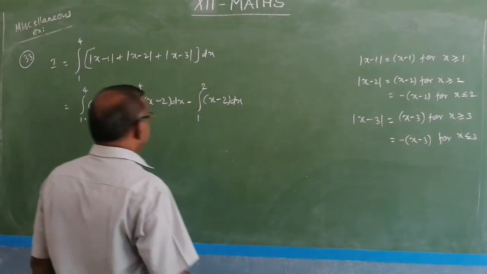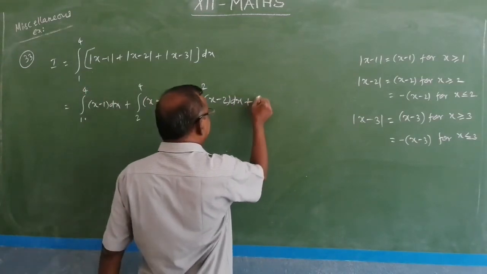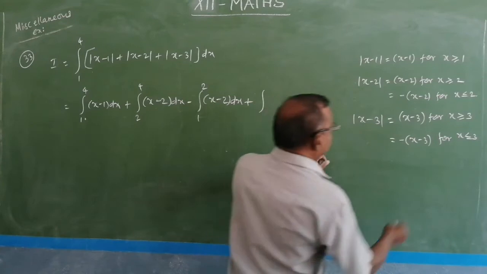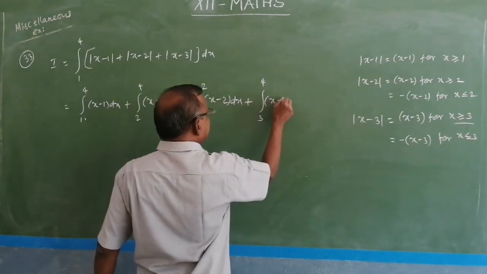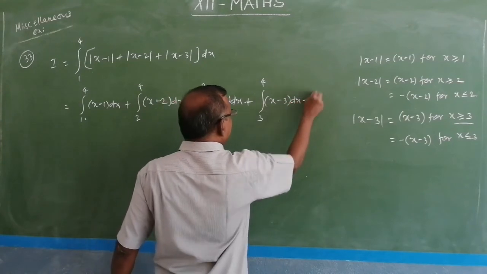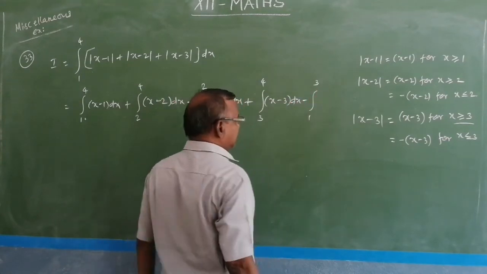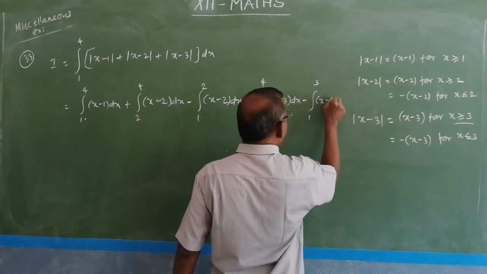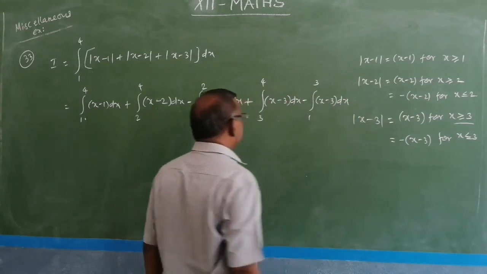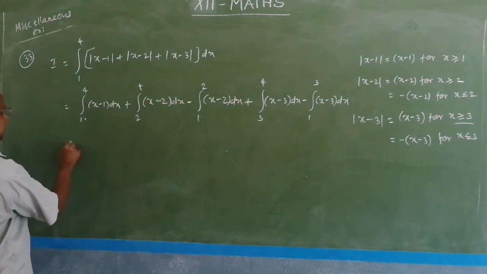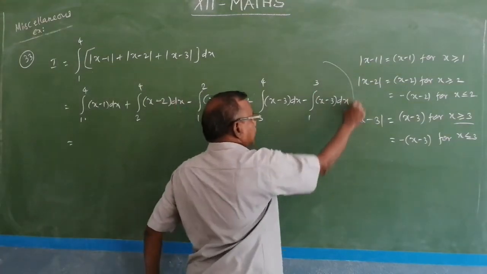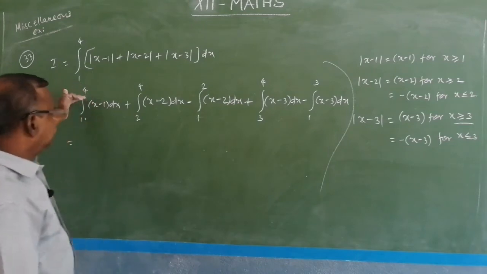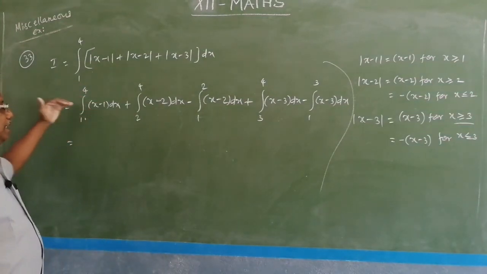So we need to add, from 3 to 4, x minus 3 dx, and minus from 1 to 3, x minus 3 dx. Now you can integrate each function, it is all very easy. So integrate these functions and substitute the upper limit and lower limit, and you will get the answer.